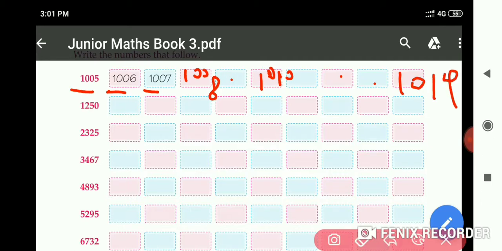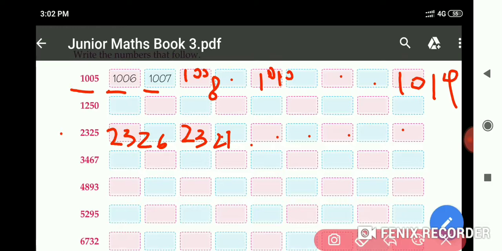Like this we complete the boxes. Now it is given here 2325. After 2325 what will come? 2326, then 2327. Like this we will fill all the boxes.